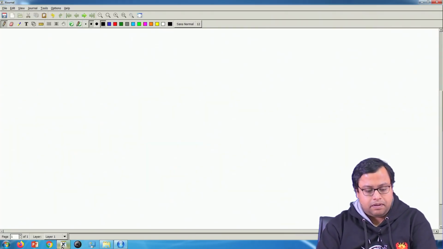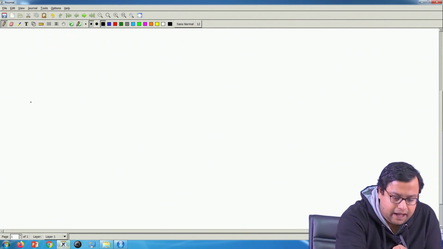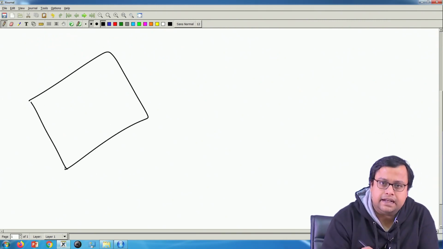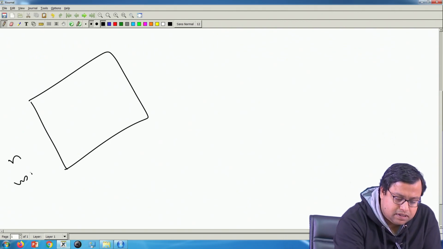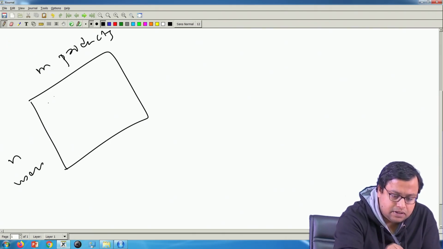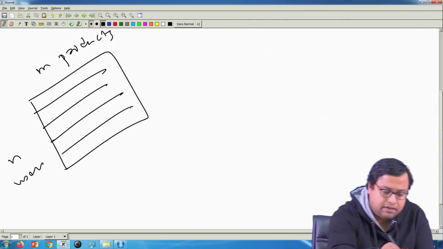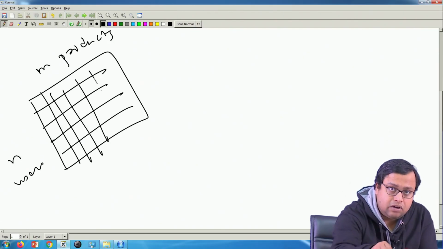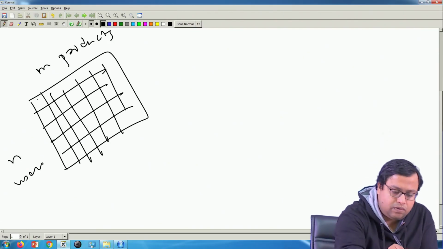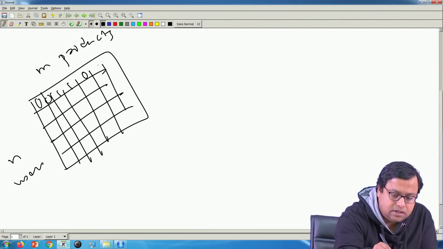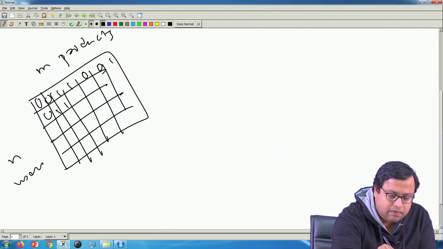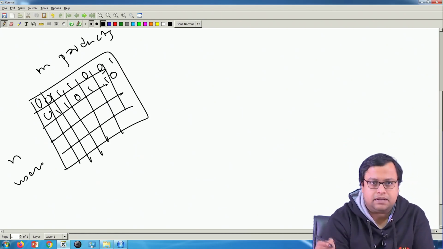Because now I am taking it row wise. So, if you remember, this is my data set, and I have n number of users and m number of products, so these are 0 1 rows. Earlier I was doing it column wise. Now it is 0 1 rows. So, 0 0 1 1 0 0 1, then 0 1 1 0 1 1 0, or something like that.